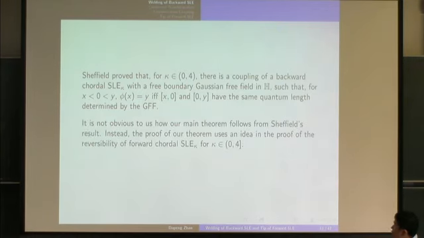It's not obvious to us how our main theorem follows from Sheffield's results. Instead, the proof of our theorem uses an idea in the proof of the reversibility of forward coordinate SLE kappa for kappa less than or equal to 4. I don't know whether somebody knows how to use Sheffield's work to prove our results.